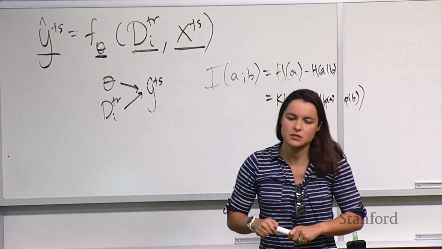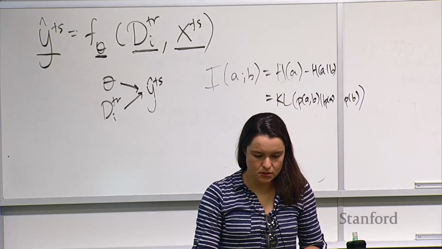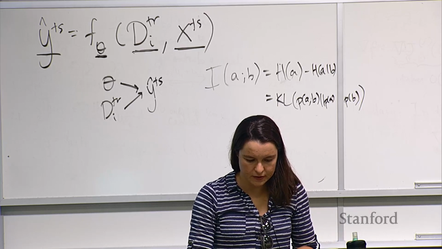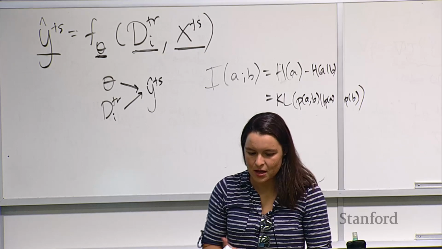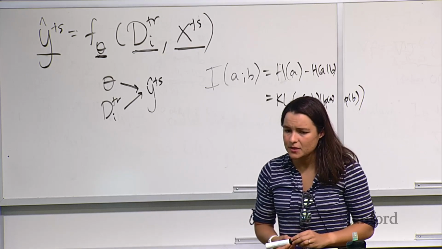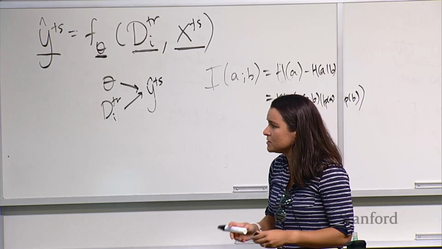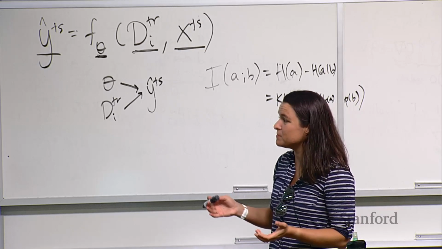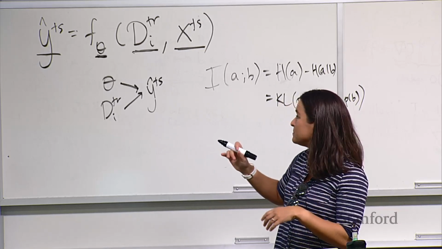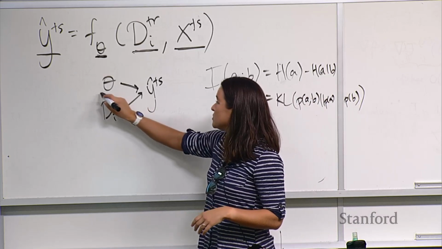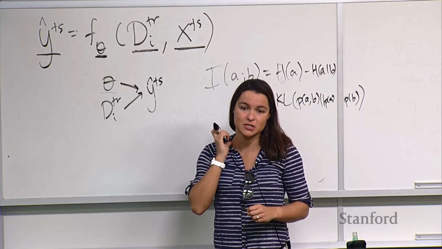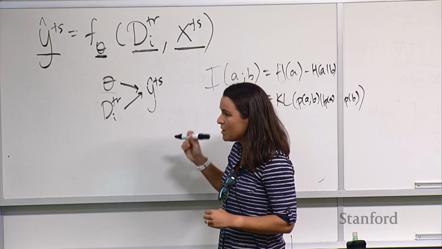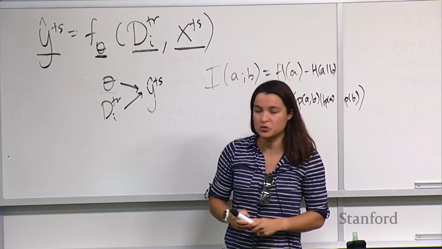And so the specific equation for what this will look like is you have your meta-training loss function that I've just written out as L here. The way that you write out a typical information bottleneck is the KL divergence between your distribution over theta and some prior distribution, which is just a standard Gaussian distribution.